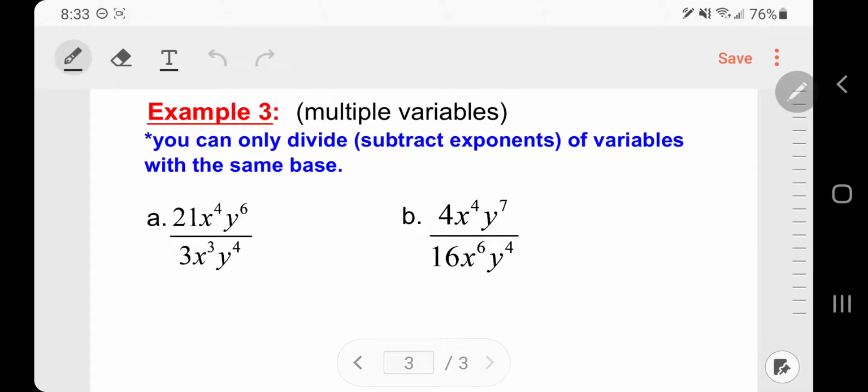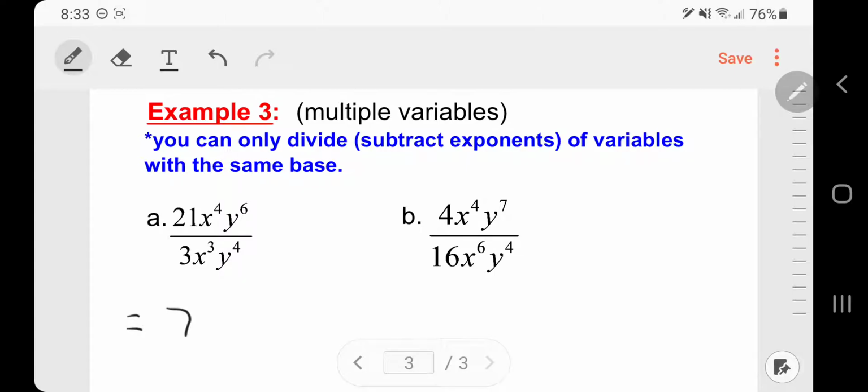All right, in our final example, we'll take a look at one that has multiple variables. And you'll see it notes here that you can only divide, meaning subtracting your exponents, of variables that have the same base. All right, so that means my x's, I would be subtracting those exponents. My y's, I would be subtracting those exponents. All right, so the first one here, we have 21 divided by 3.